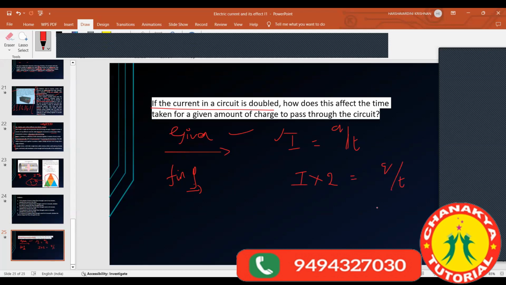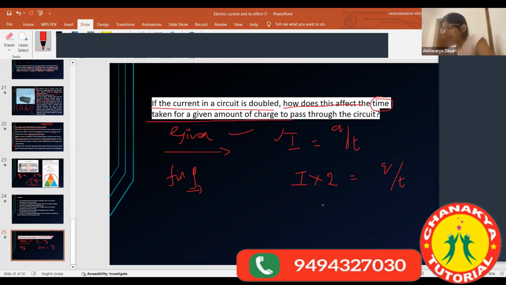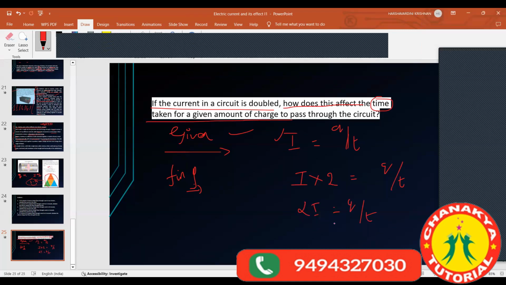Ma'am, 2I equal to Q by T. Now read the second line: how does this affect the time taken for the given amount of charge? Ma'am, it makes the time faster because it is into 2.